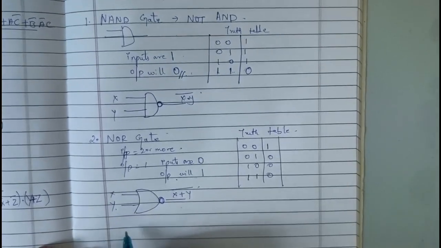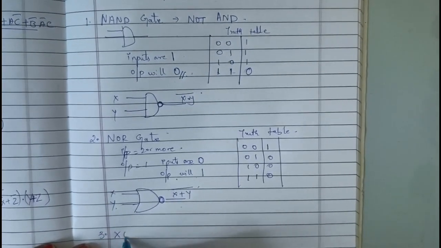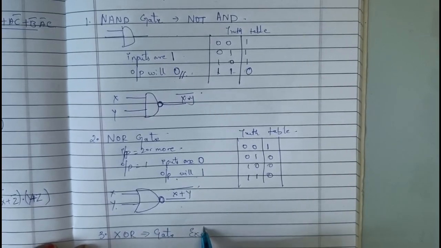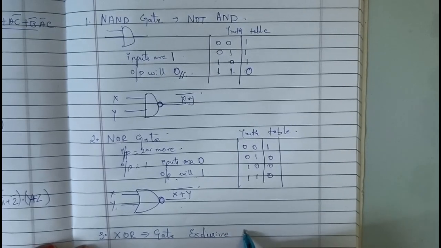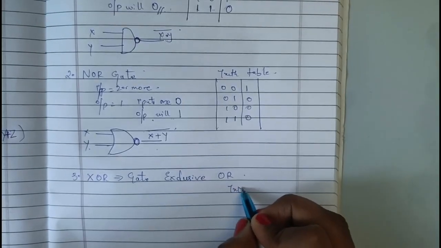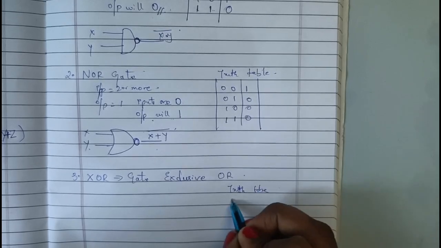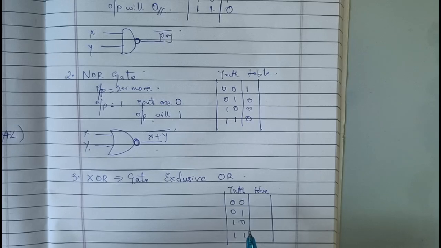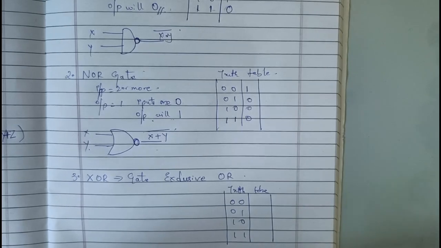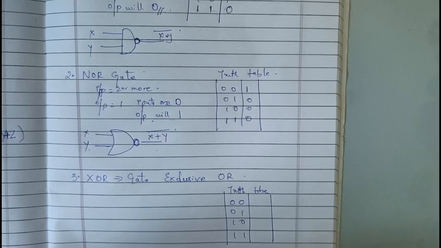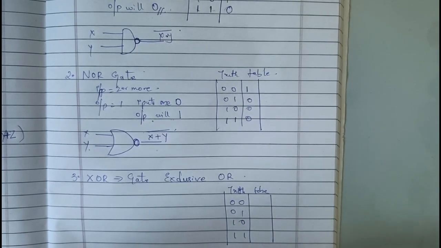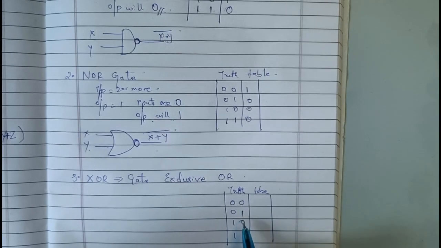Now let's look into XOR, which is exclusively OR. The truth table is 0 0, 0 1, 1 0, 1 1. The XOR will produce the output 1 only for the input combinations that have an odd number of ones. Here, the odd number of ones are in these two rows.